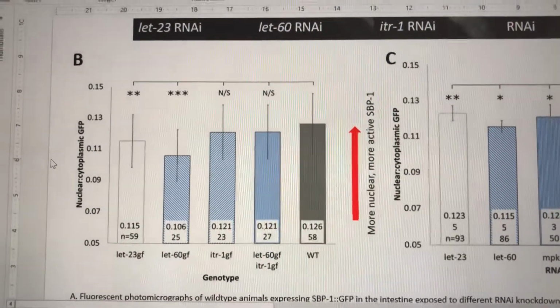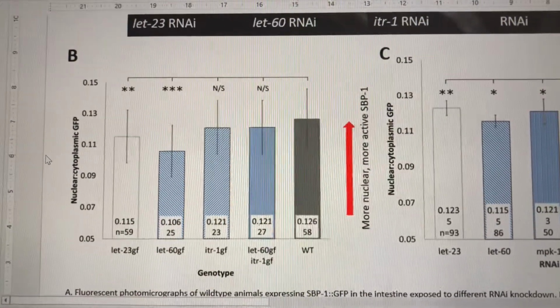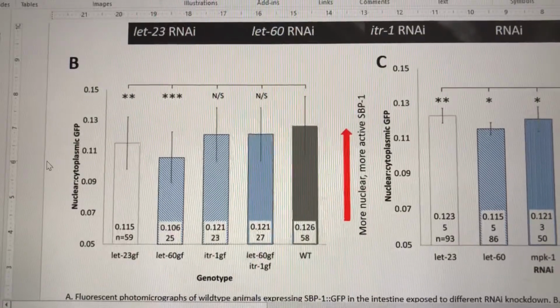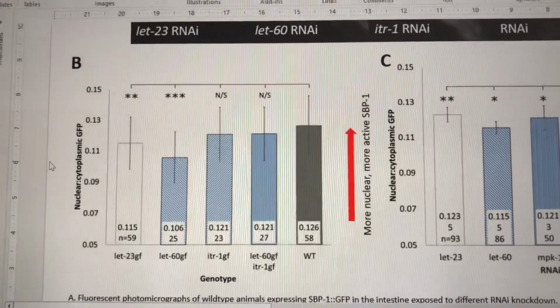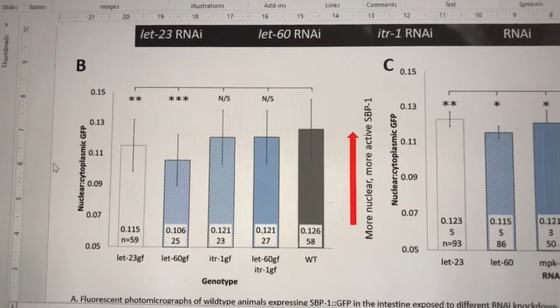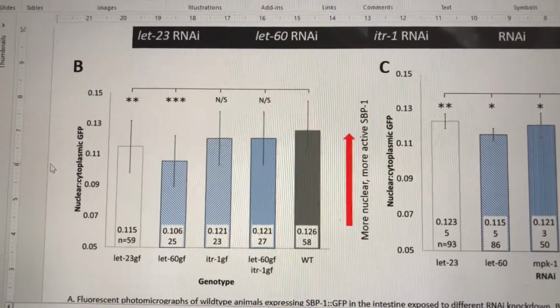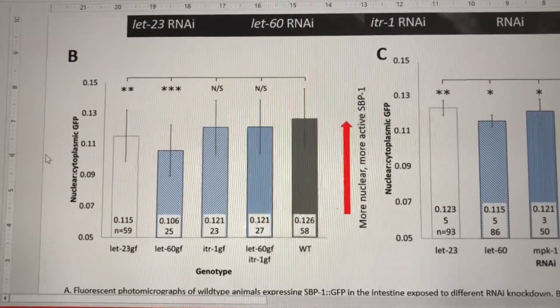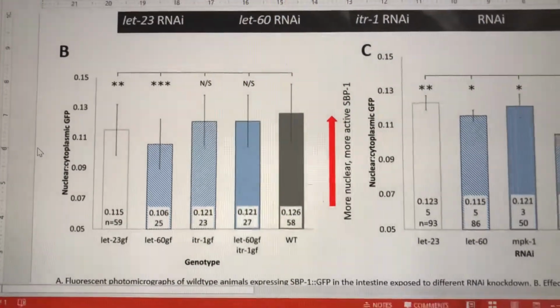So that tells us that not only does the effect on lipid synthesis go through LET-60 RAS, but also at the bottom of that LET-60 RAS pathway, there's an effect on SBP1. We're not quite sure how that's linked together yet, but that's something that we're thinking about.